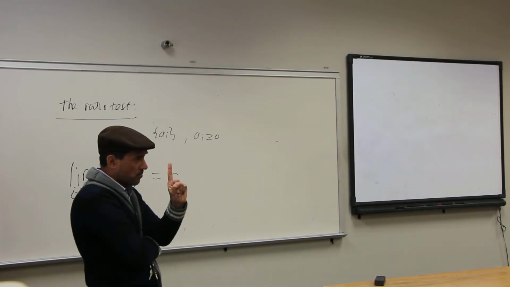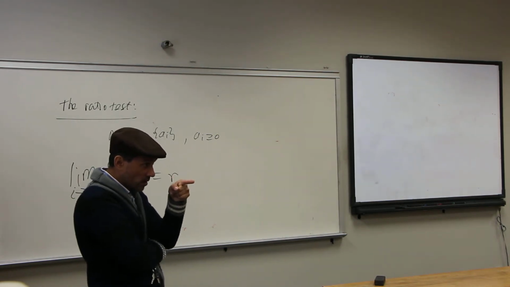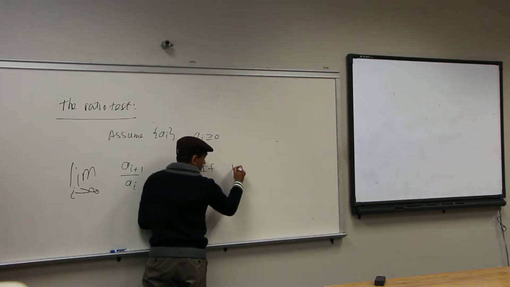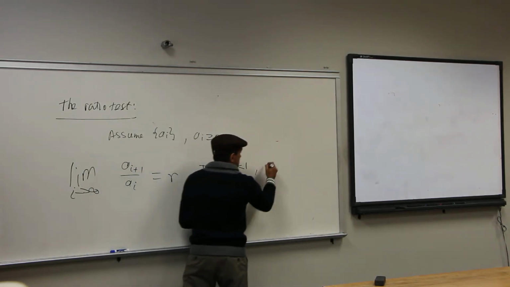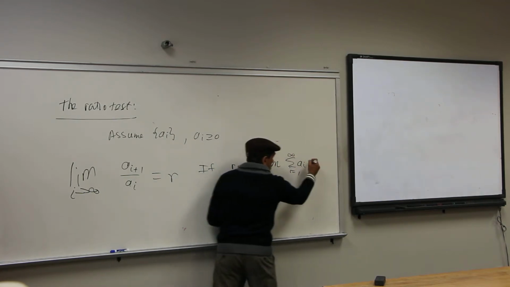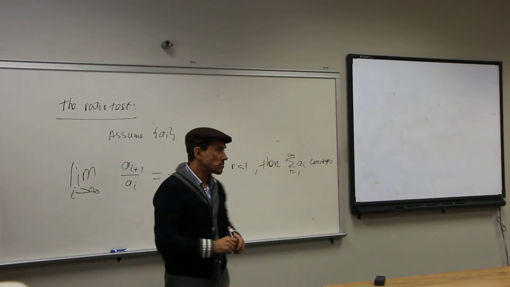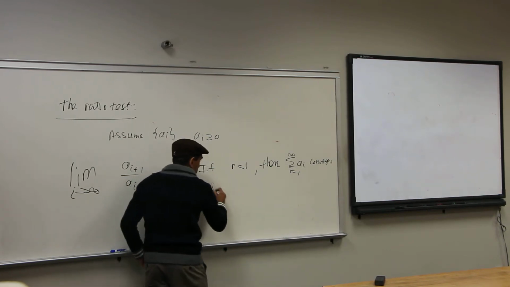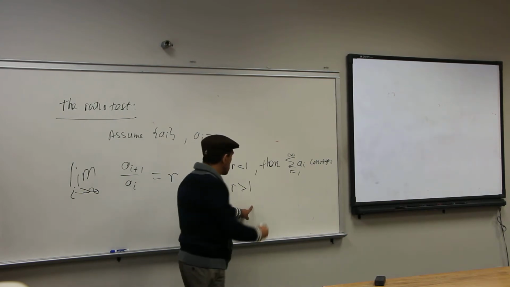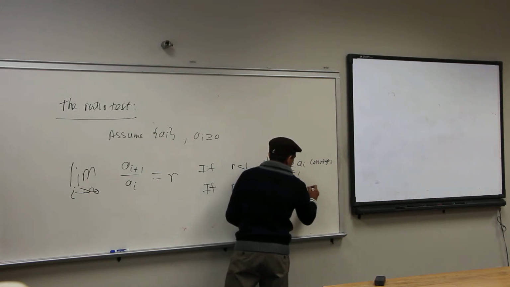If that number r is less than 1, then the series converges. If the ratio is bigger than 1, then the series diverges.